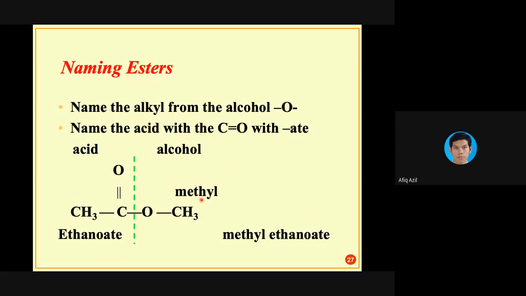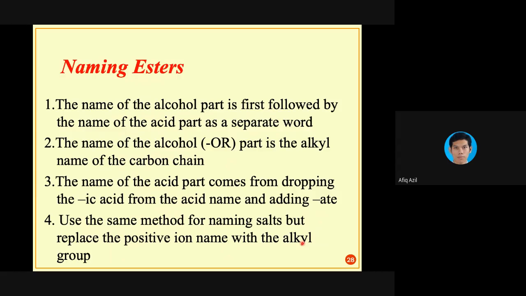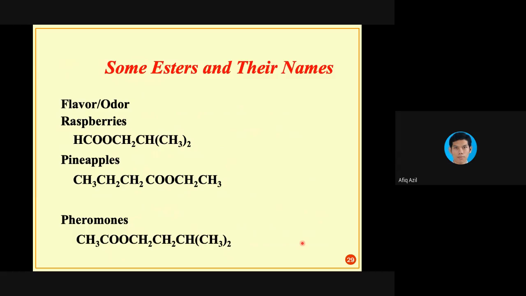The R group that is coming from the alcohol is placed in front, hence the name will be methyl ethanoate. So this is the method to name the esters.